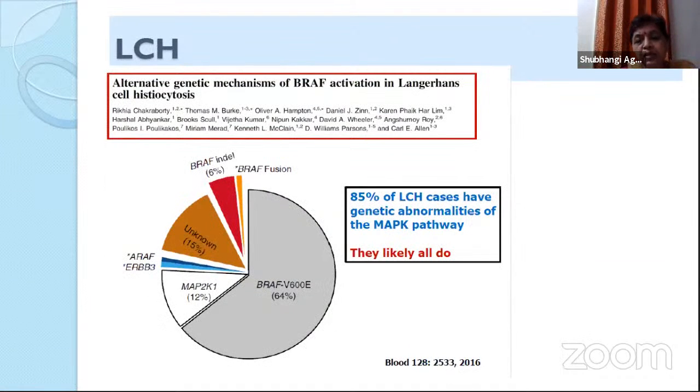Coming to the genetic abnormalities in the Langerhans cell histiocytosis, 85% of the Langerhans cell histiocytosis cases have genetic abnormalities of the MAPK pathway, and because of this genetic abnormalities, they are associated with other hematological malignancies also.